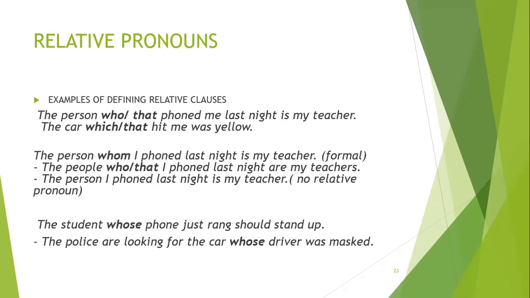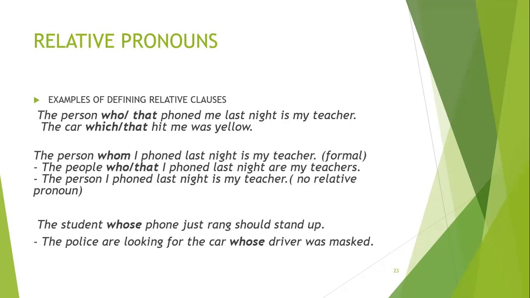The person who, now the who here is referring to the person. You can say the person who, or you can say the person that. The person who phoned me last night is my teacher. The car which, now the car is an object, it's non-human, so we can use which or that. The car which hit me was yellow. You can't use which with a human being. So, the person which came here, that's total disrespect, sorry.